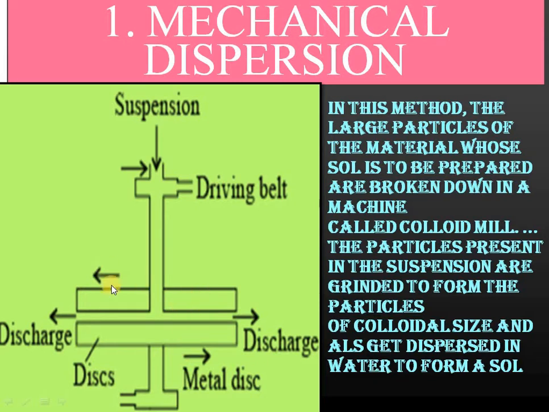These two discs move in opposite directions, one clockwise, the other anti-clockwise, and the suspension particles get crushed here and are discharged from this end, converted into smaller particles, as the suspension particles are of larger size.